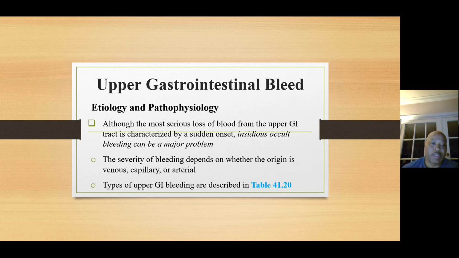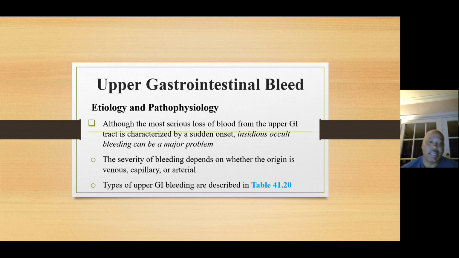All right. Now, when we talk about the esophageal origin type, bleeding from the esophagus is likely due to chronic esophagitis, Mallory-Weiss tear, or esophageal varices, especially the latter one, the esophageal varices, what you see in your liver patients.